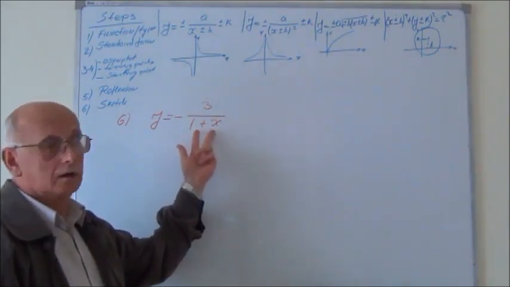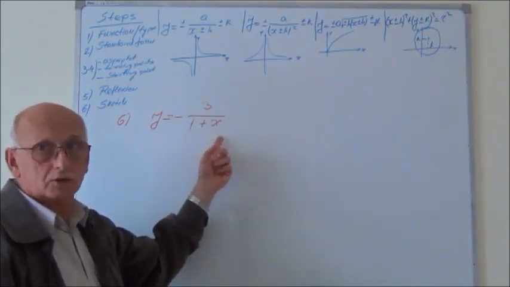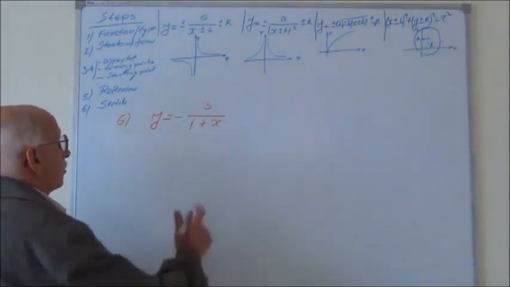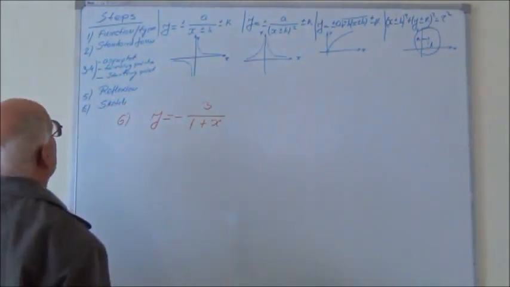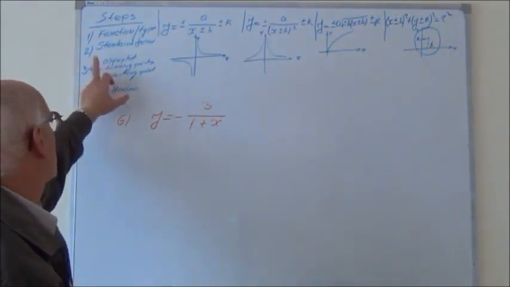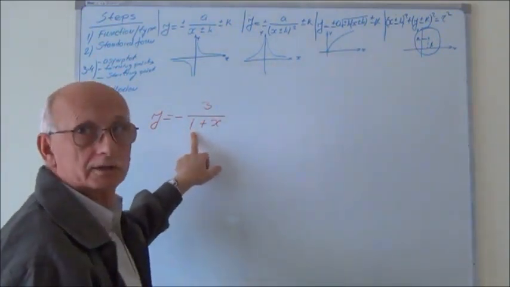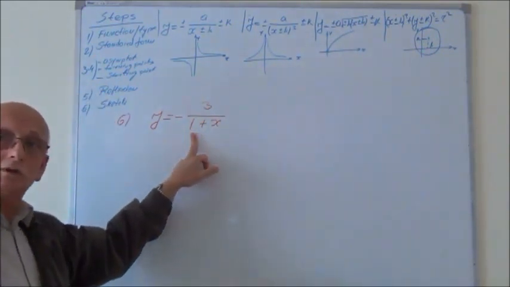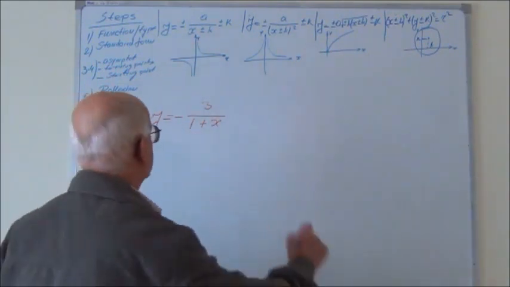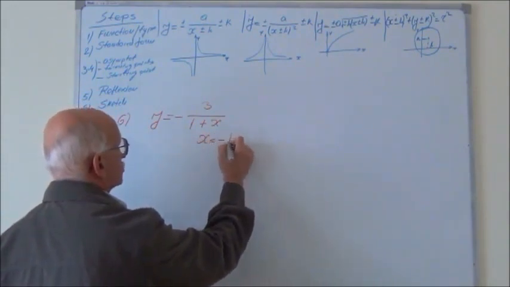We can claim that it is in standard form because 1 plus x or x plus 1 is exactly the same thing. So we don't need to do almost anything here, just go for the asymptotes. First of all, we have a horizontal translation, 1 unit to the left, so our vertical asymptote will be x equal minus 1.